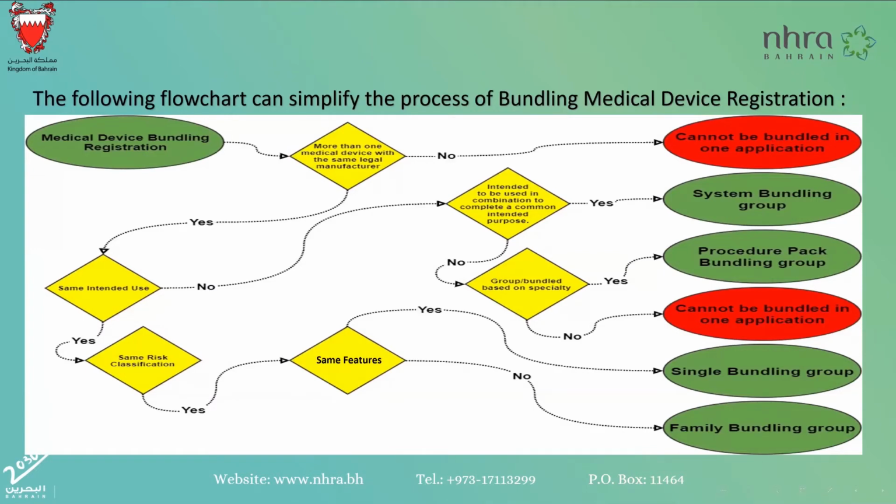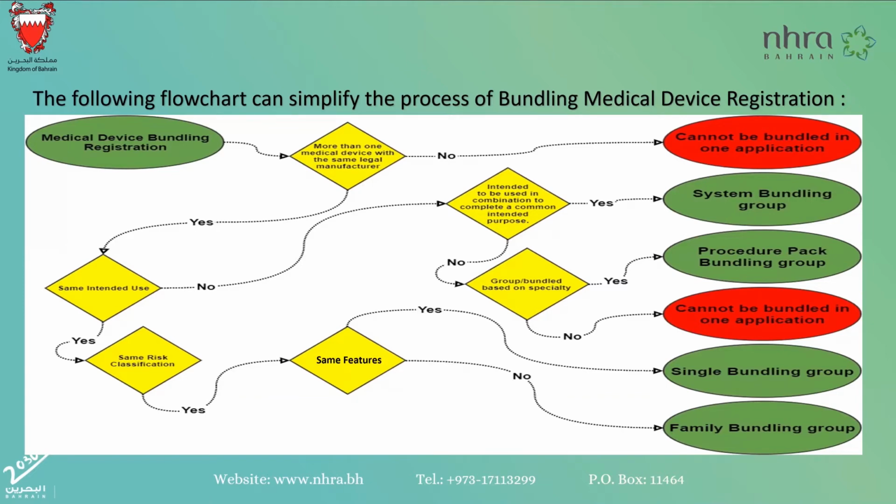Here we have the flowchart that every applicant can go through to simplify the process of knowing if the medical device can be bundled and if so, in which bundling. So for example, if the applicant has more than one medical device with the same legal manufacturer, and, for example, we'll take the system bundling and then the intended use, they don't have the same intended use, then the applicant can check if the medical devices are intended to be used in combination to complete a common intended purpose.